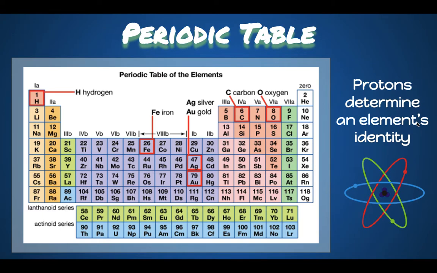So before we get started, I want to go over the periodic table and explain how the protons determine the element's identity. If you look at the first box on the periodic table, you will see a 1, which is the atomic number, and H, which stands for hydrogen. Hydrogen is an element that has 1 proton.